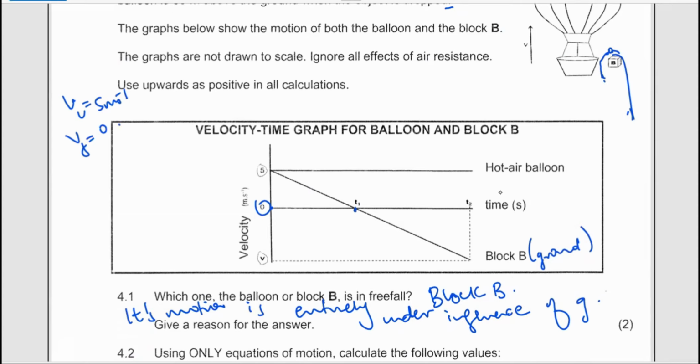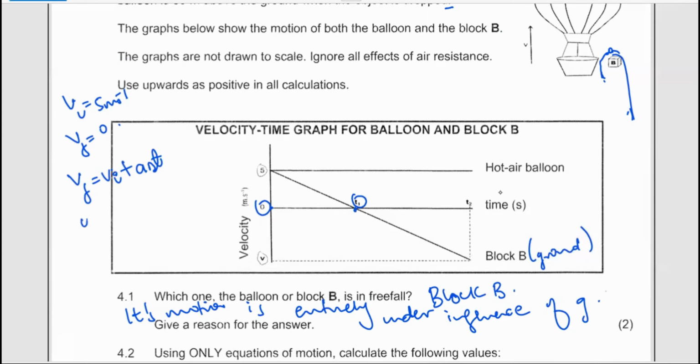So at T1, that's when block B reaches the maximum height. V final is equal to V initial plus A delta T. Let's start with the formula, and then we do the substitution.